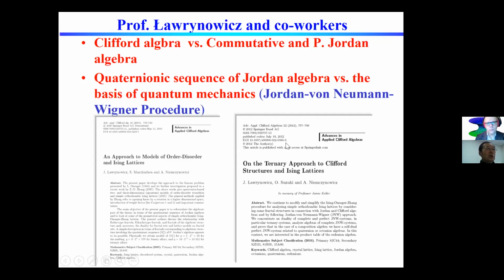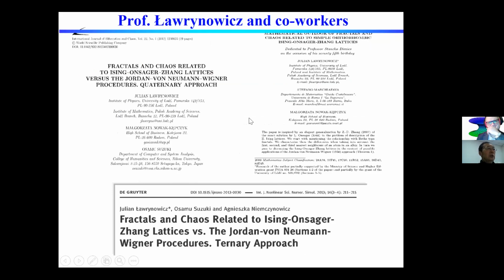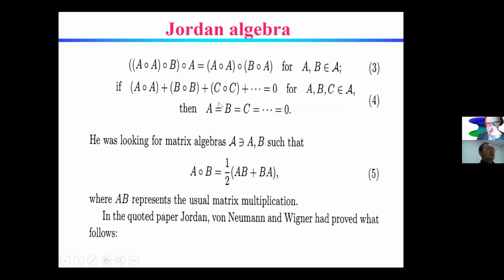So this paper gave great support to me and encouraged me to carry out my progress further. They are publishing more papers, and so Jordan algebra is important. This formula is Jordan algebra. In this formula, we can deal with the anti-commutativity of the gamma matrix.